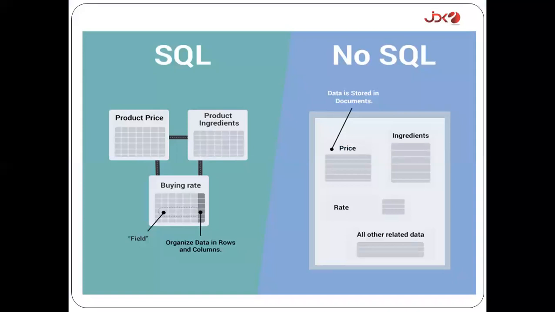In SQL, here we see the diagram. There are table-based databases, and three tables are being used. If I want to search or retrieve the data, the data and fields are stored in rows and columns. So the data is organized in rows and columns.